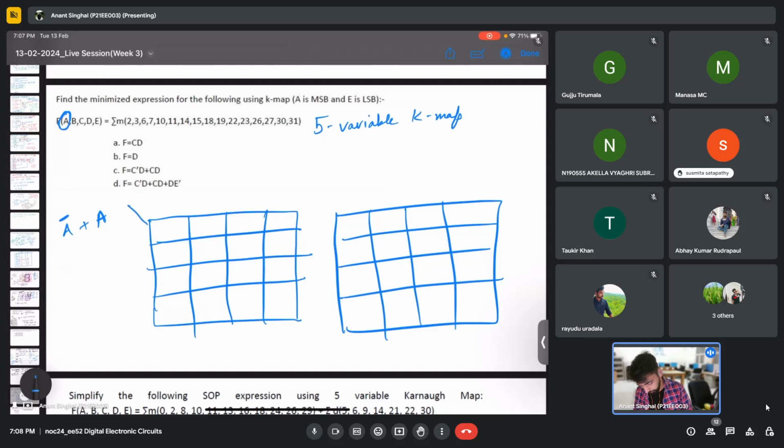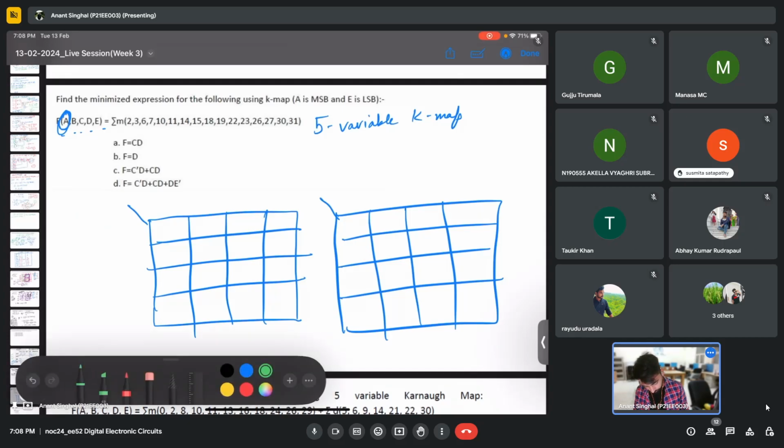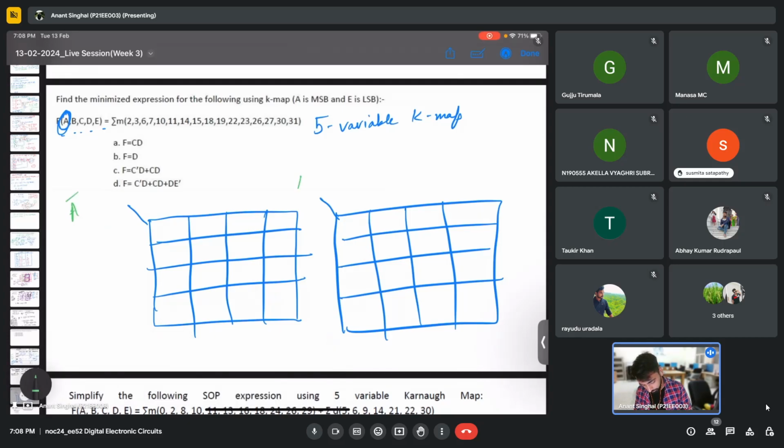So basically we have five variables. You can clearly see we have A, B, C, D, E. So the first K-map is reserved for A complement, and the second is reserved for A. And we will just make the K-maps for the rest of the terms, that is B, C, D, E. So this will be B, C. Sorry, this will be D complement E complement, D complement E, D E, and D E complement.